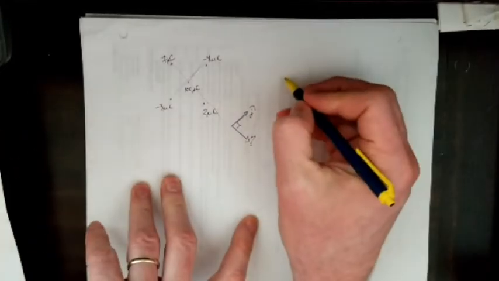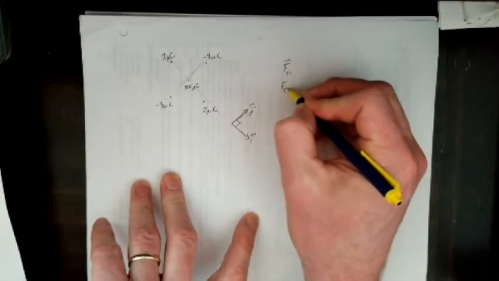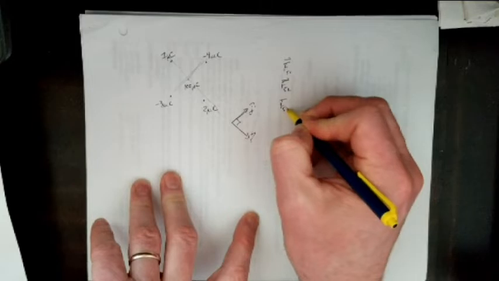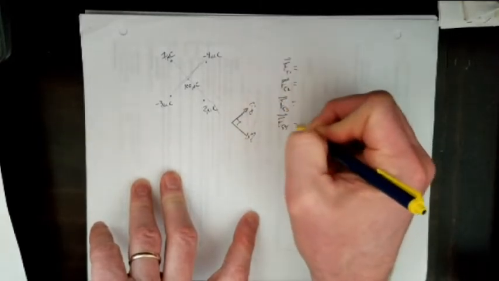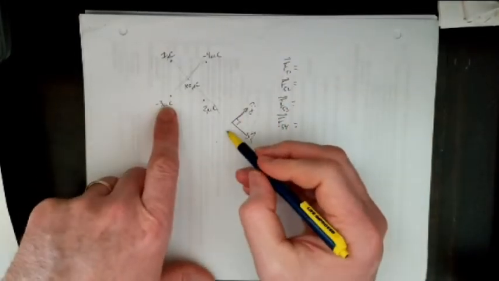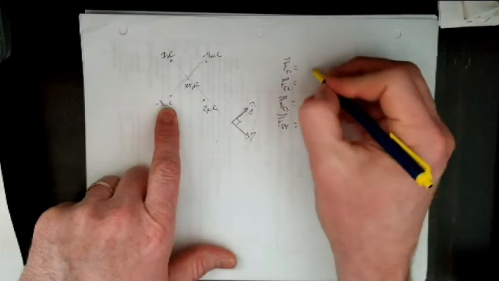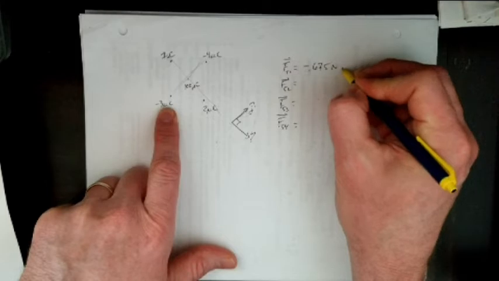Then what I'm left with now is, so I've got F51, F52, F53, F54. F51 is in the negative J hat direction, so that is negative 0.675 newtons J hat.